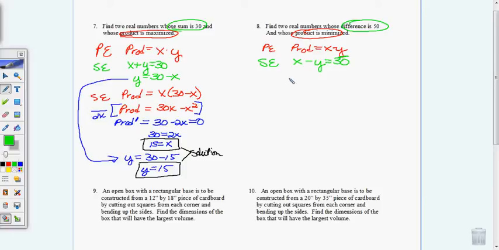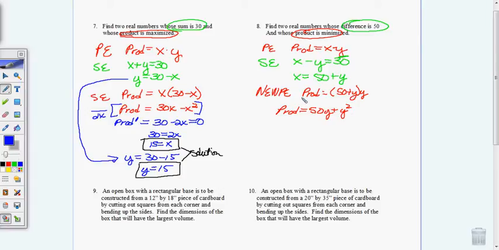Okay, so I also then chose x equals 50 plus y to go back into my primary equation. So my new primary equation is going to be product equals 50 plus y times y, which means, again, go for it if you love the product rule, but I'm going to do product equals 50y plus y squared.